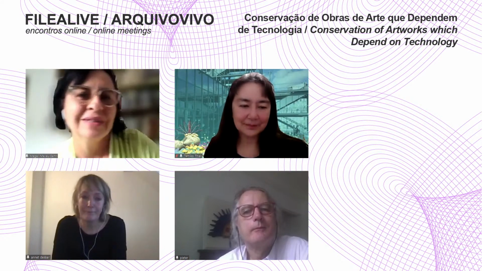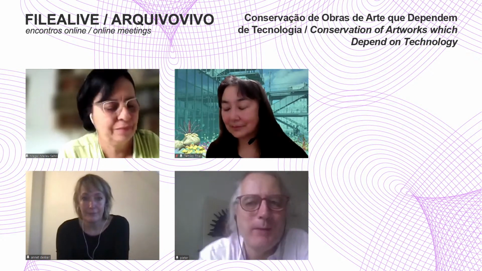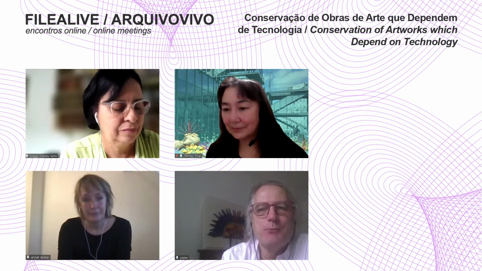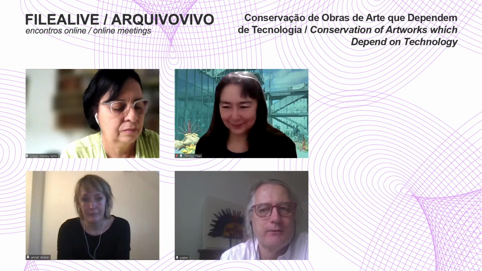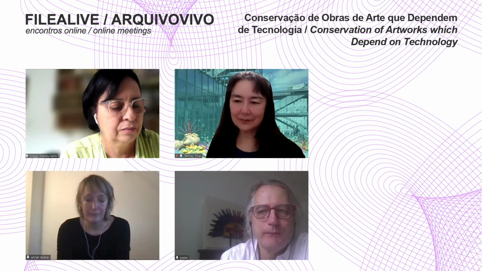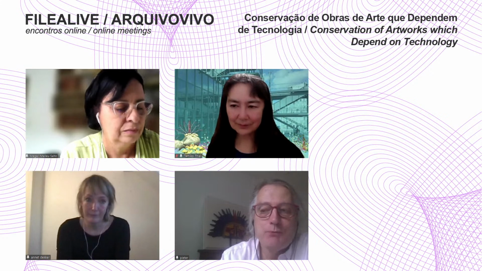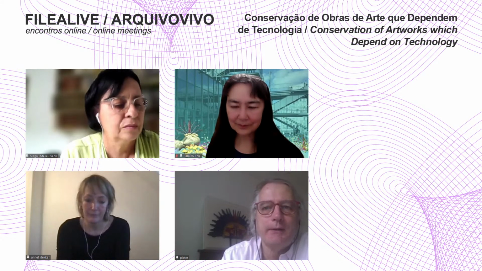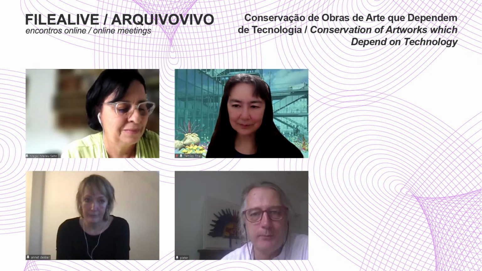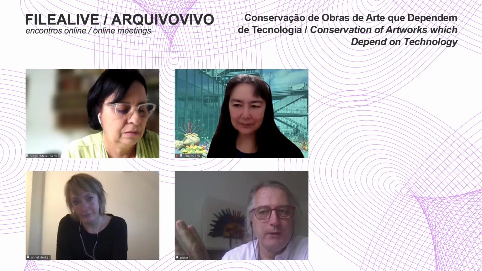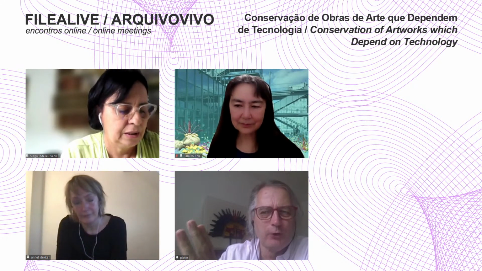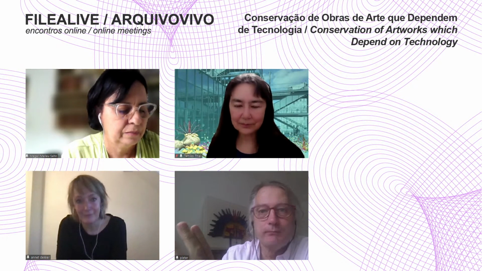Mm-hmm. Thank you. When we started talking before this webinar, we mentioned Nam June Paik. Nam June Paik has a very specific problem. He uses old television sets, and many of them are made with techniques that are not being used anymore, so there are no substitutes. At one of our exhibitions, we had a work of his with a very small black and white TV with a cathode screen, which you can't find anymore.